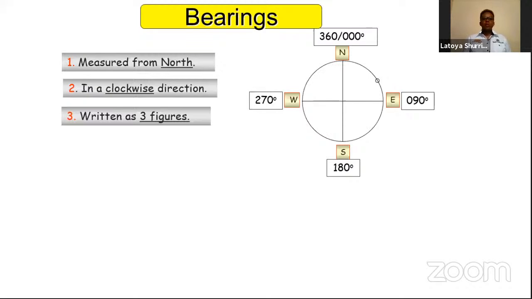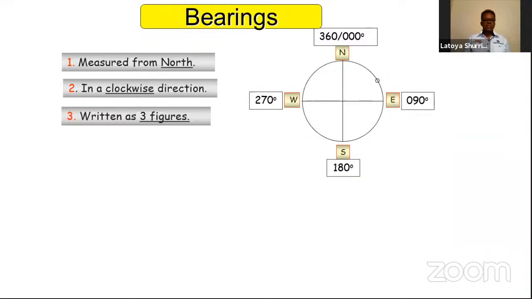Now, I hope you're seeing that little point there being represented on the circumference of the circle. And I need you to give me an estimate of what you think the degree of turn to that point would be, or the bearing would be at that point.